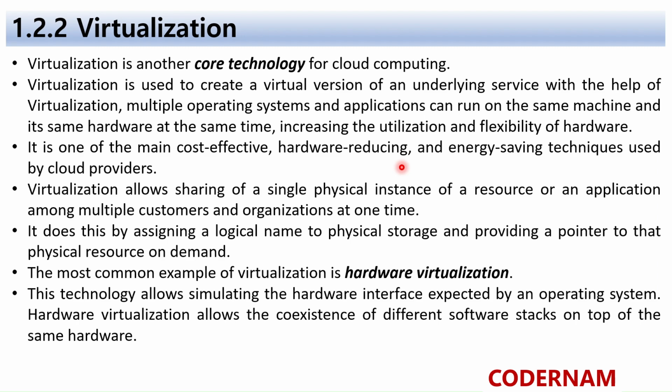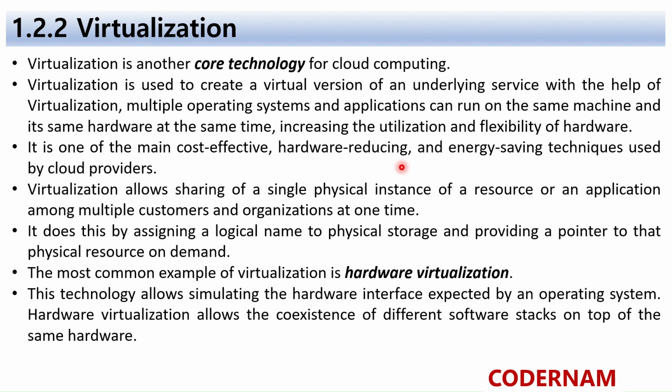So now let us look into virtualization. Virtualization is another core technology. It means to create a virtual version of an underlying system. With the help of virtualization, multiple operating systems and applications can run on the same machine and the same hardware at the same time.